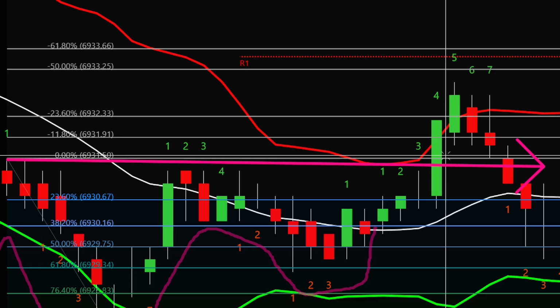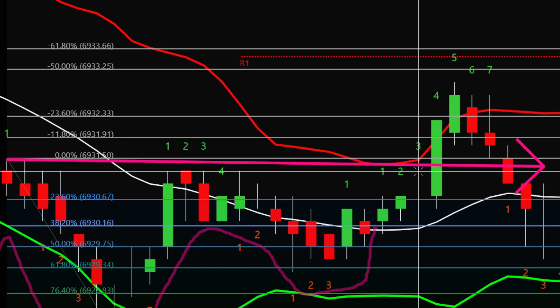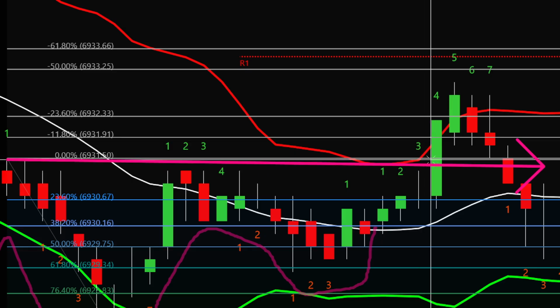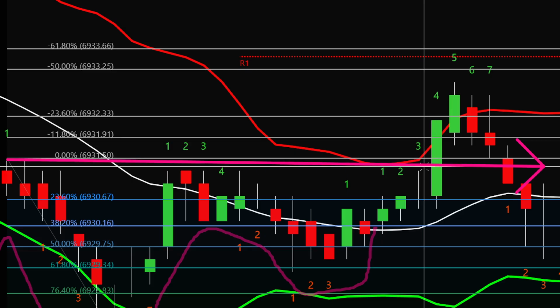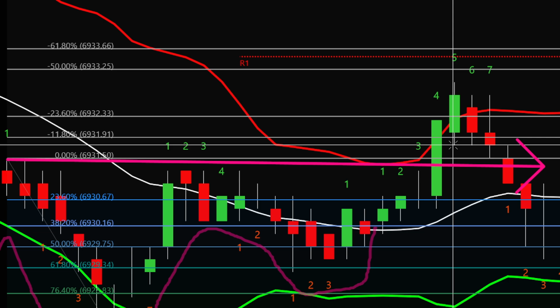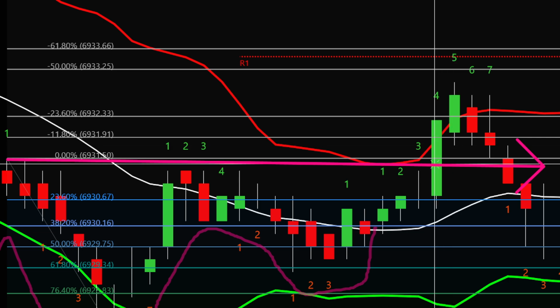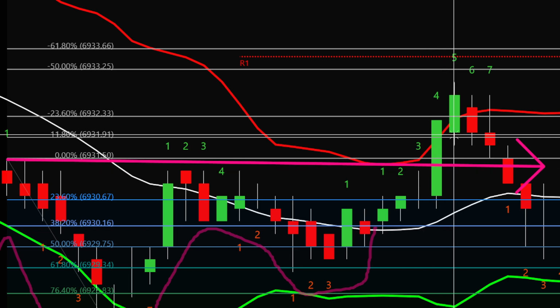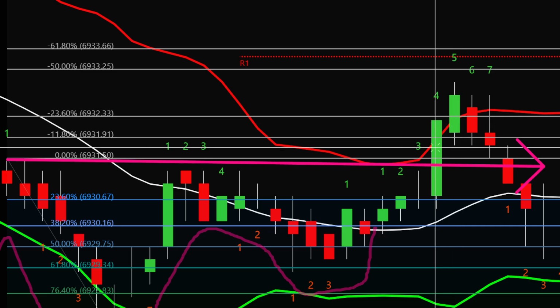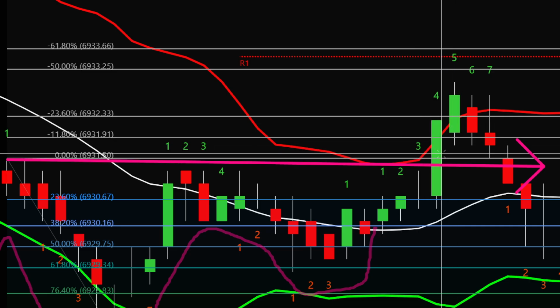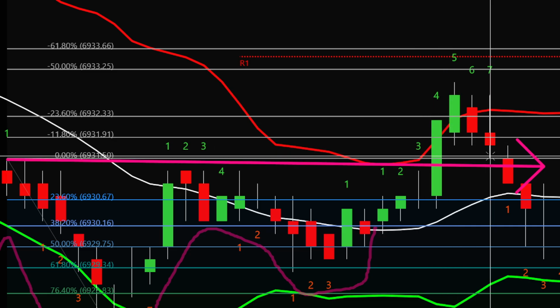A fair value gap is when there is no touching, no overlap between candle number 1 and candle number 3. Price has a tendency to come back and fill this little gap, as it did right here. It hit the gap, but it continued moving on.